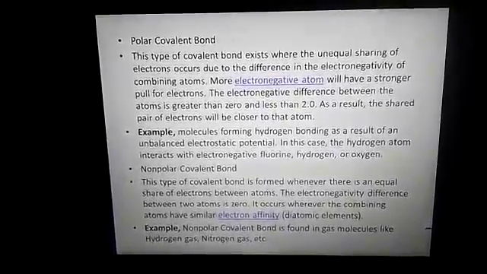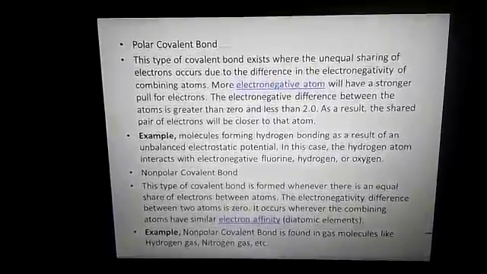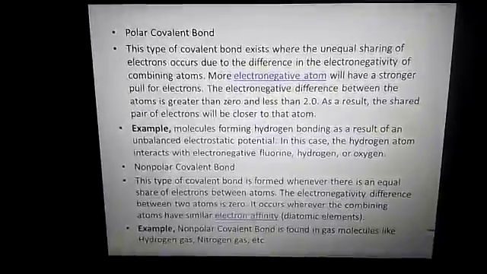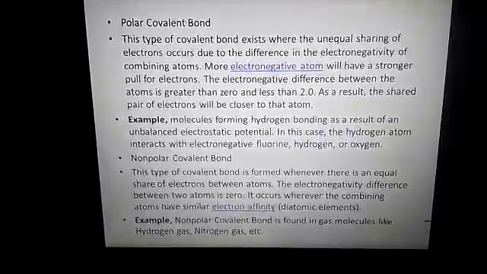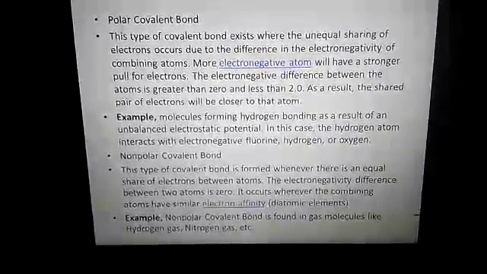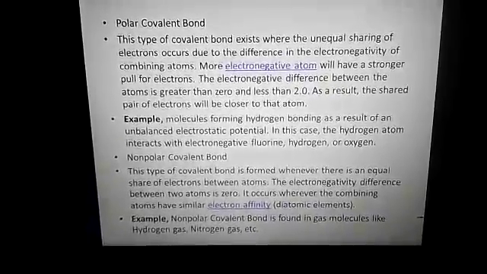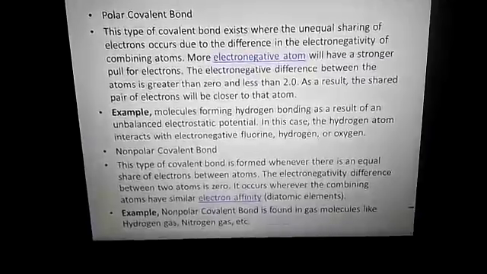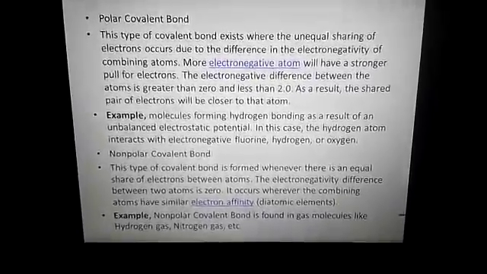The same is true in ammonia and the hydrogen fluoride molecule. Molecules form hydrogen bonding as a result of unbalanced electrostatic potential. In this case, the hydrogen atom interacts with the electronegative fluorine, nitrogen or oxygen.